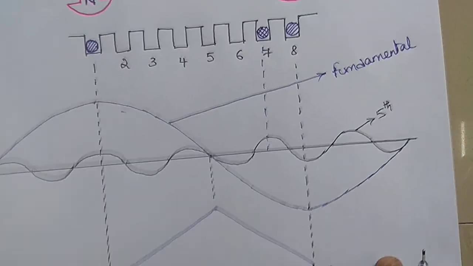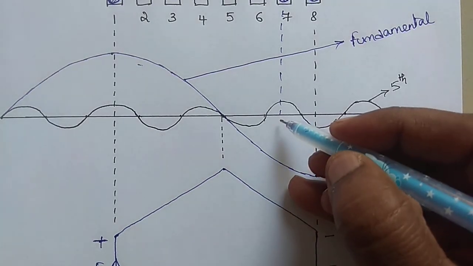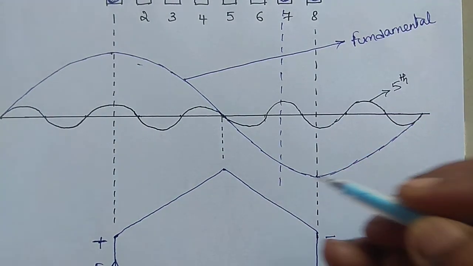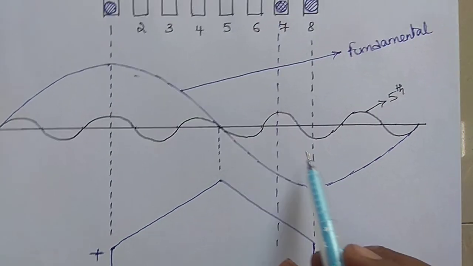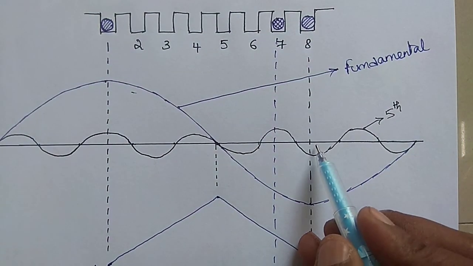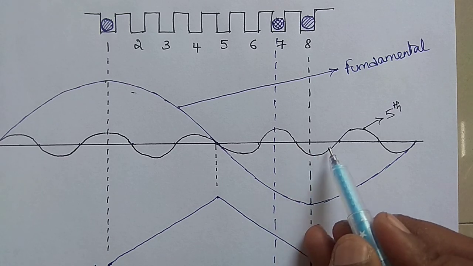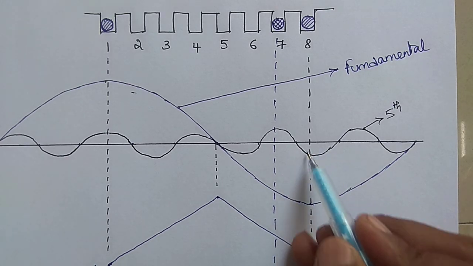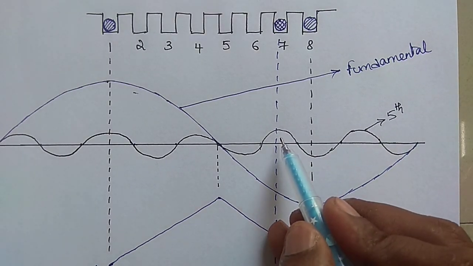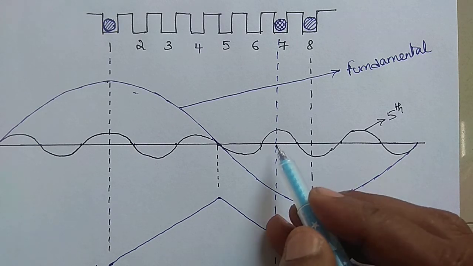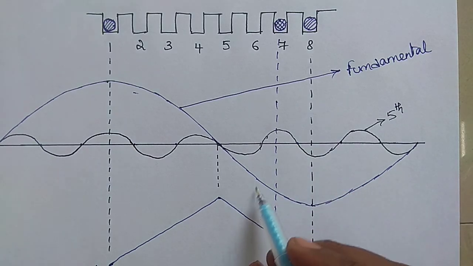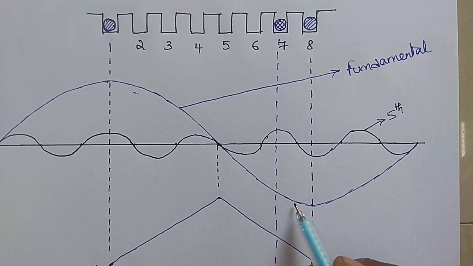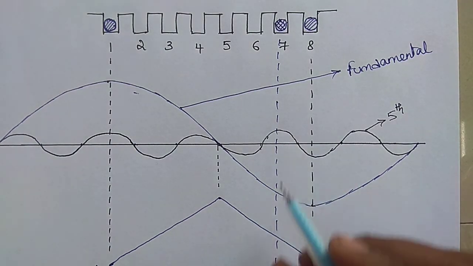Observe here. You observe that in the 8th slot, the fifth order harmonic is negative, same as the fundamental. But in the 7th slot position, the fifth order harmonic is positive, but the fundamental is negative only, so both are in the opposite direction.